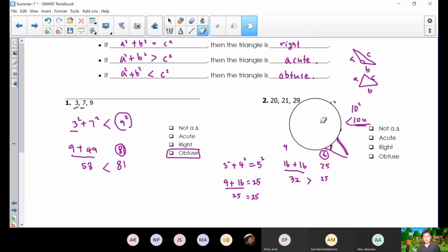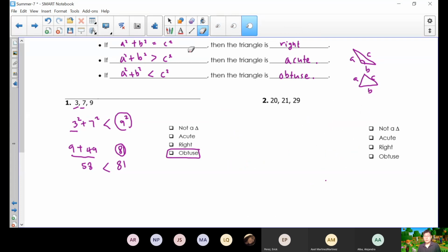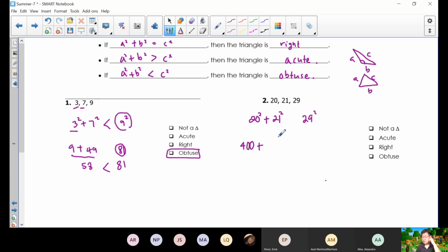Okay, let's move on to number 2. So next one. Now 20 squared plus 21 squared and 29 squared. So 20 squared is 400. 21 squared is what?